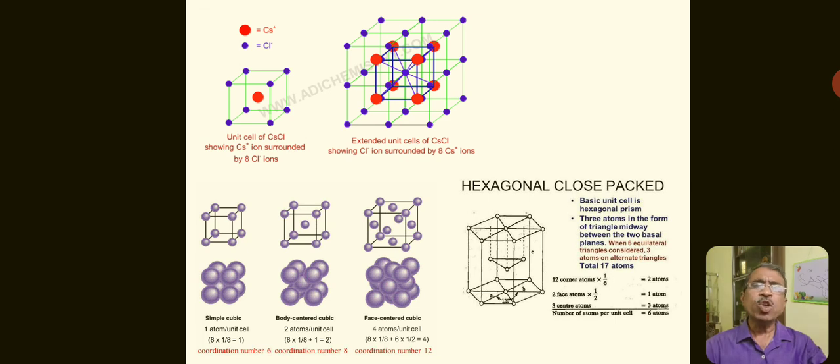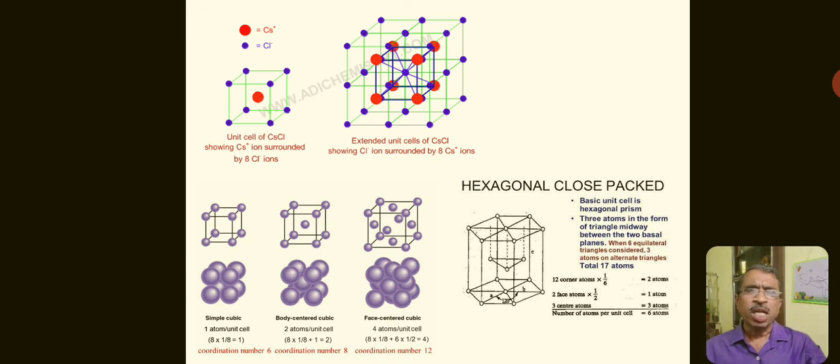In simple cubic lattice, in a cube there are 8 atoms, and this cube is surrounded by 4 other cubes in one plane and 4 other cubes above the plane. Therefore, each atom is in contact with 8 cubes.